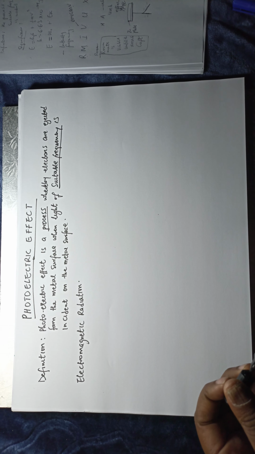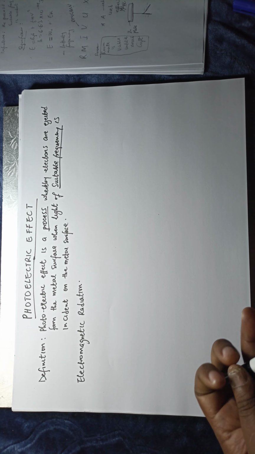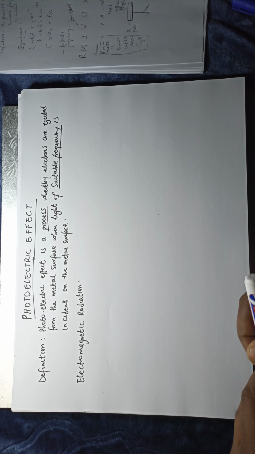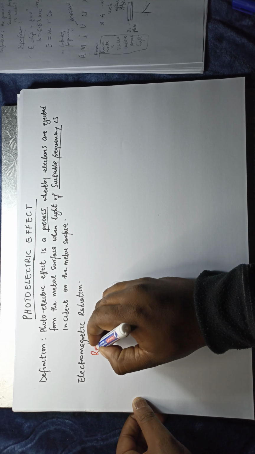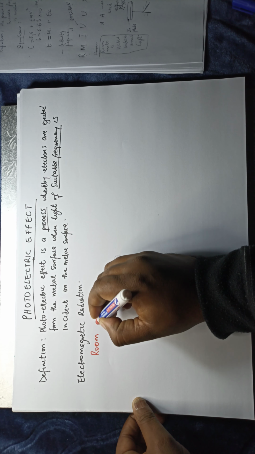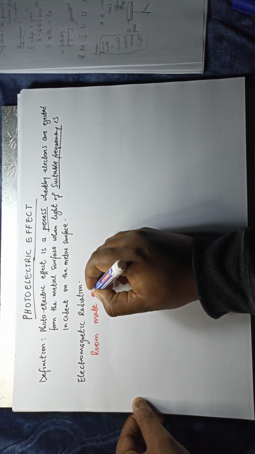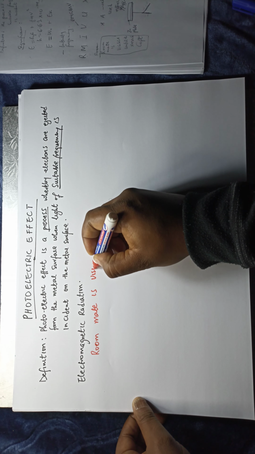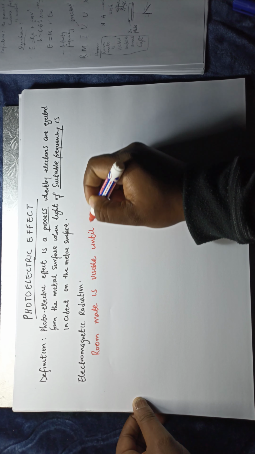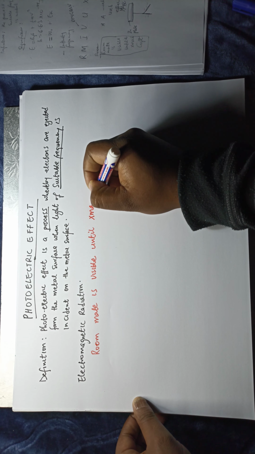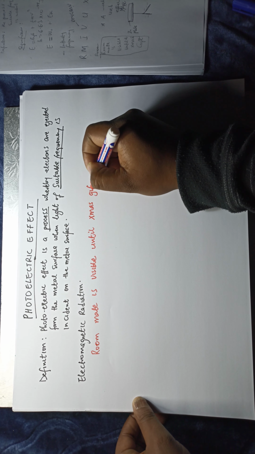The easiest way in which you can remember the order of the electromagnetic radiation is by saying: Roommate is visible until Christmas gift.